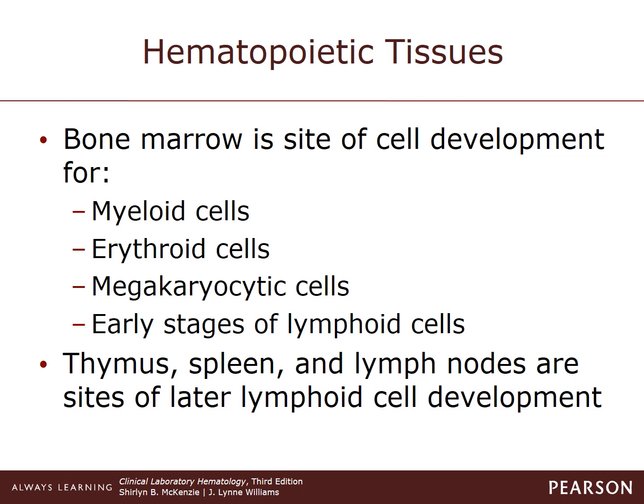And the yellow marrow, where there's hematopoietic inactivity because it's mostly composed of fat cells. Now, the thymus, spleen, and lymph nodes are sites of later lymphoid cell development and are considered primary and secondary lymphoid tissues.